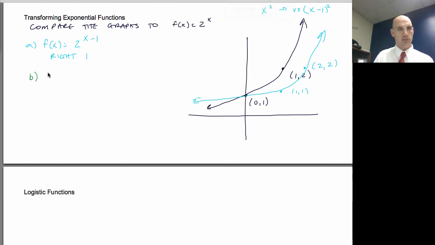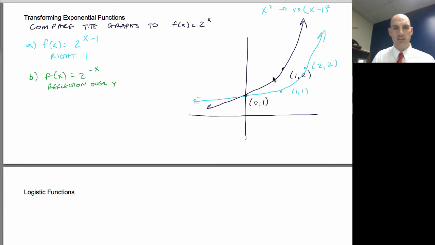Second one. All right, my next one. I'm going to have f of x is equal to 2 to the minus x. Well, think about it in terms of our x squared example up here. It'd be the difference in x squared versus negative x squared. So this is going to be a reflection over y, because it's negative x versus x, okay?